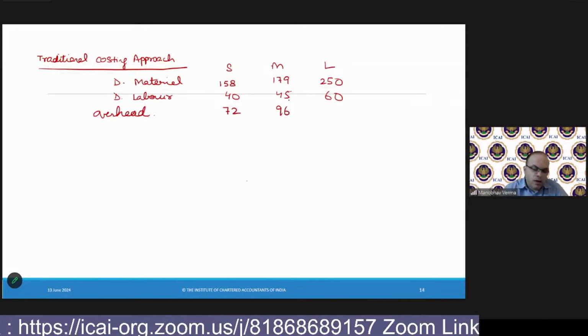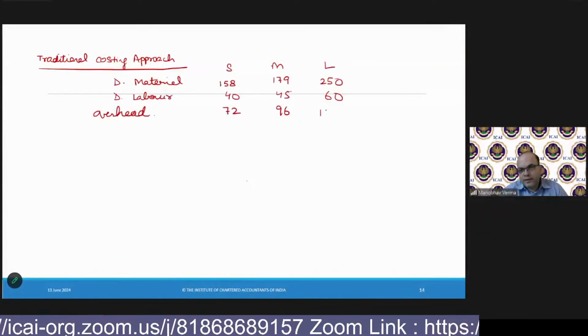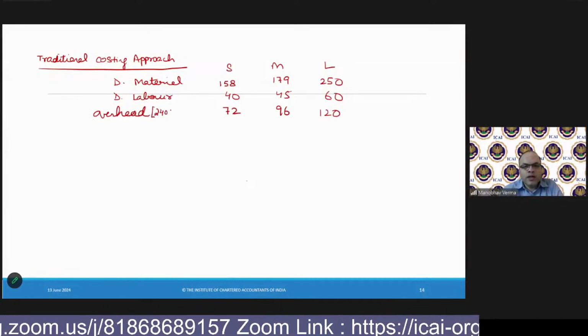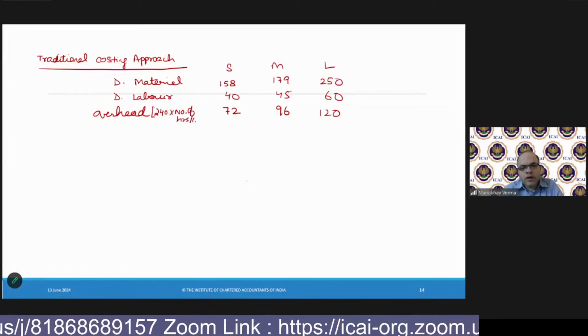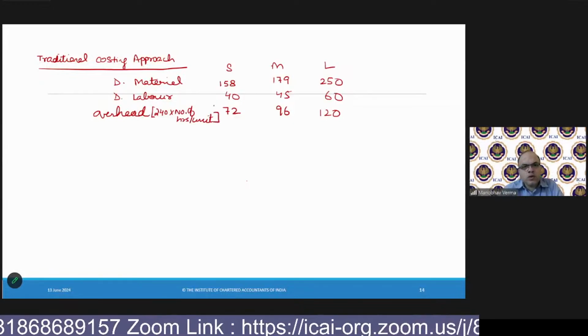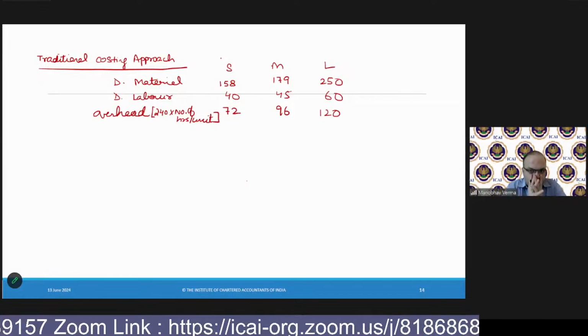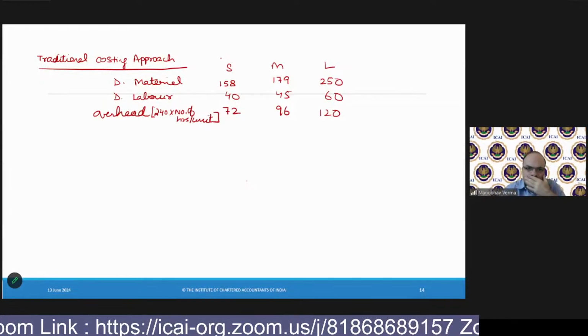And 240 into 0.5, we are looking at 120. Can I get a confirmation, guys? Is this 240 into number of hours per unit? Is it okay for everyone? Any doubts so far?